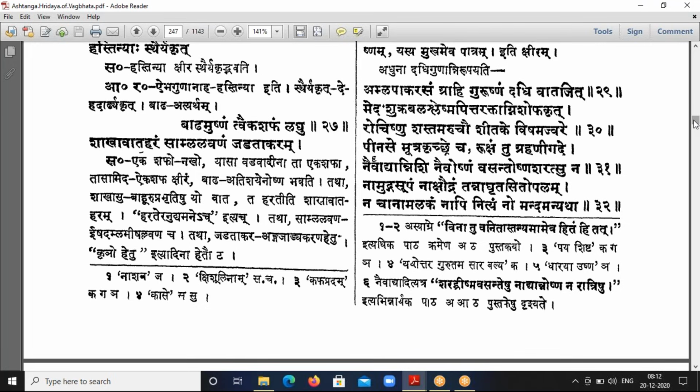It increases Shleshma, Pittam, Rektam also. It is Agni Krit, and it is Shobha Krit as well. It is Rojishnu, which is Rujikaram.